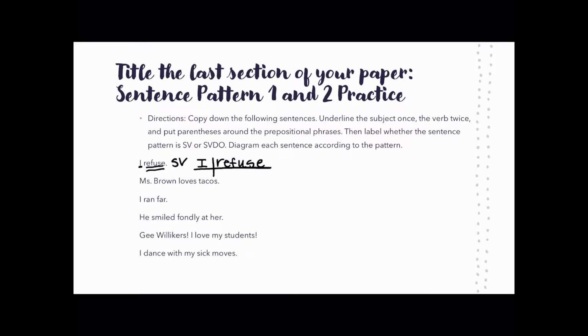Copy down the following sentences. Underline the subject once, the verb twice, and put parentheses around the prepositional phrases. Then label whether the sentence pattern is SV, subject verb, or subject verb direct object. Diagram each sentence according to the pattern.